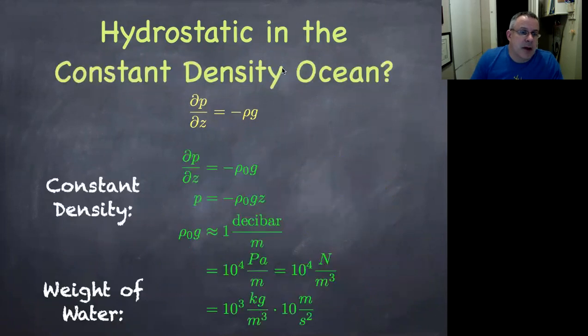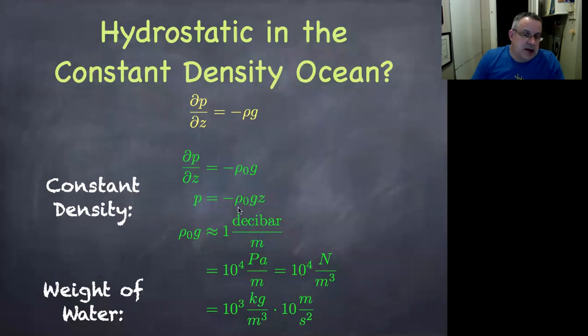What about the ocean? If we had a constant density ocean, we can solve this equation again, but now we just replace density with the background density, the constant value, and then even I can solve this differential equation quickly. I integrate in z and I get pressure equals minus rho naught g z, where now z equals 0 is where pressure is set to be equal to 0.